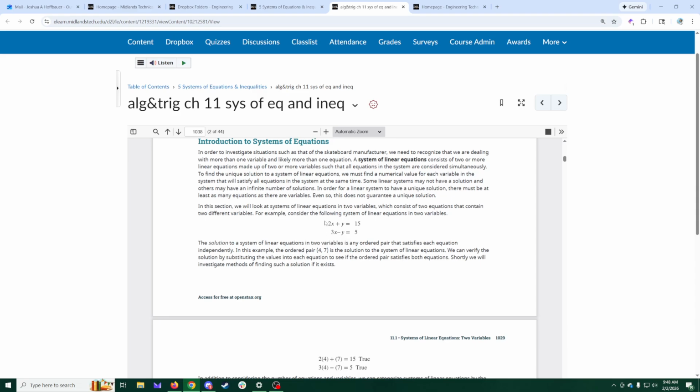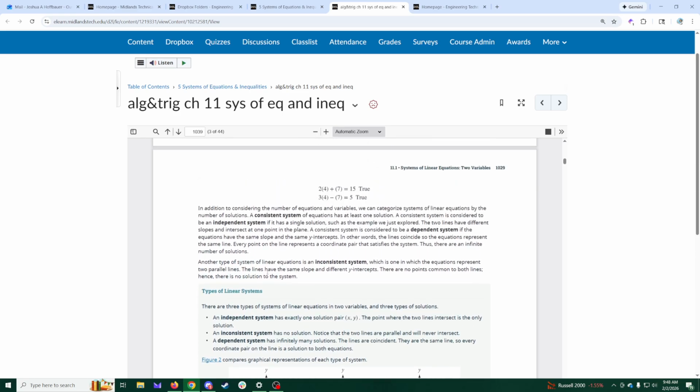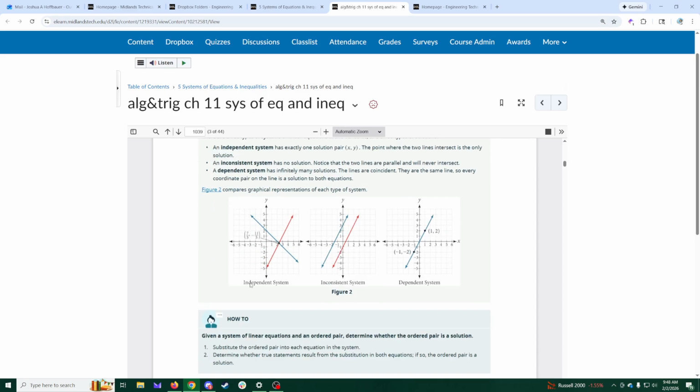But when you have a system of linear equations, then the question becomes, you have your two separate lines, and the solution to that system of linear equations is, where do those lines cross? I'm going to scroll down here a little bit to show an actual image of lines crossing on page 1029, excuse me. And so here we've got two lines crossing.